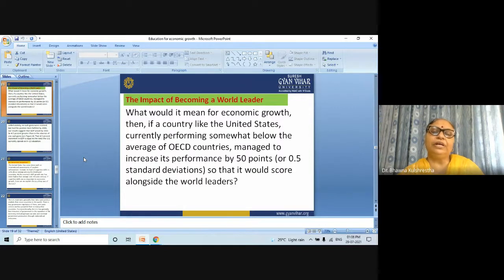If a country like the United States, currently performing somewhat below the average of OECD countries, managed to increase its performance by 50 points or 0.5 standard deviations, so that it would score alongside the world leaders.